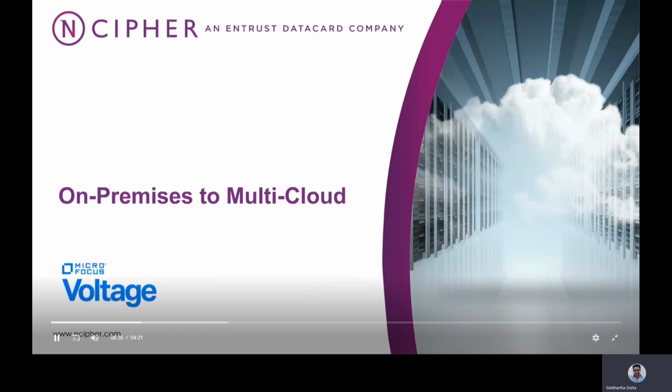Now, before we go into the Voltage Secure Data and the cloud services offering, some of these things need to be understood in terms of moving data to the cloud and what it entails in terms of security risks, particularly what we are seeing about insecure APIs, issues on the provider side, misconfigured servers, external attacks, accidental errors.